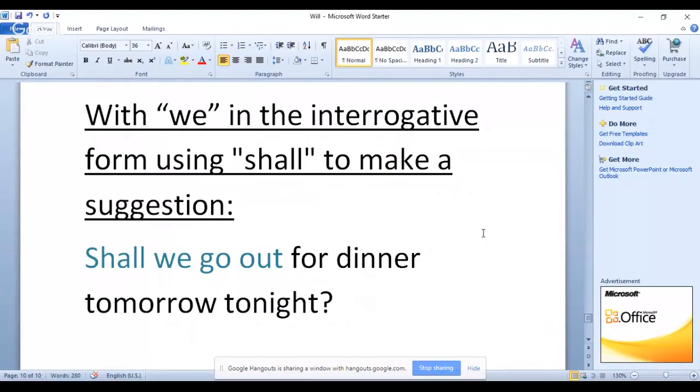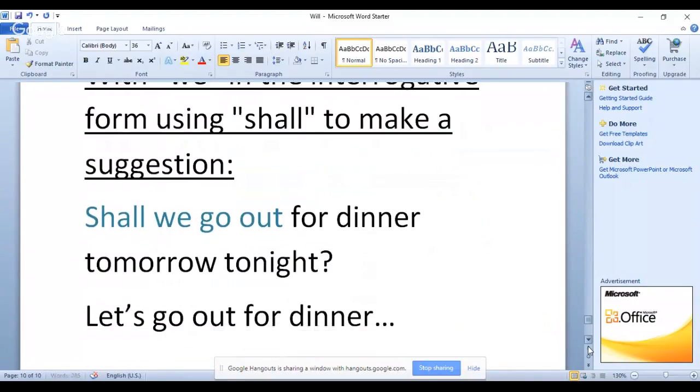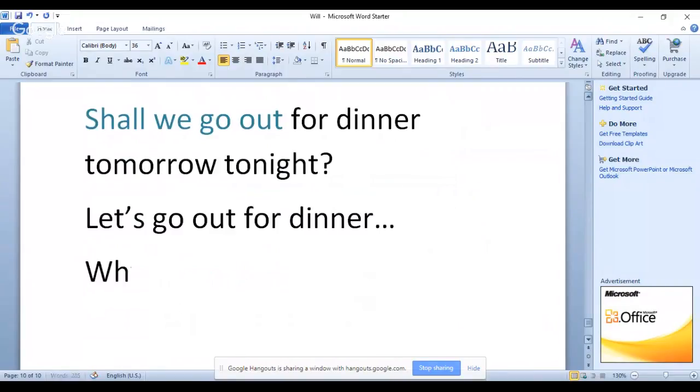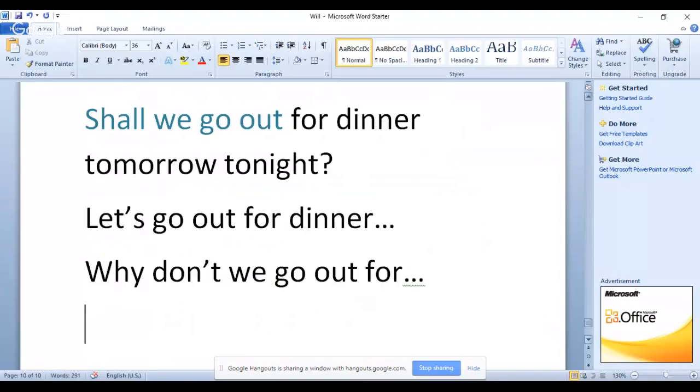Can we is maybe why don't we, or something like that in modern English. Let's go out. Or why don't we go out for dinner? Right? Why don't we? Yes.